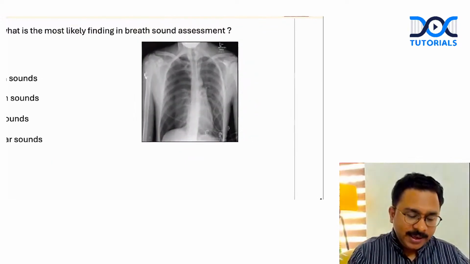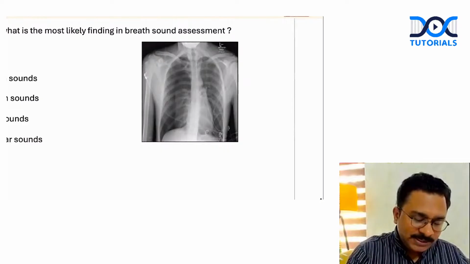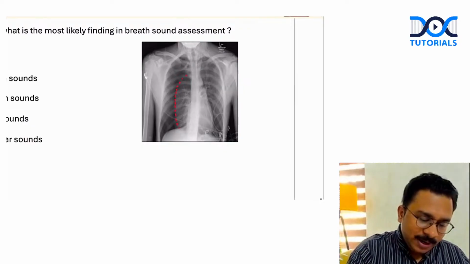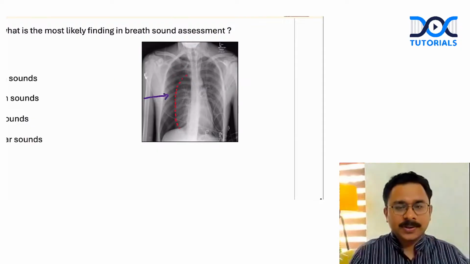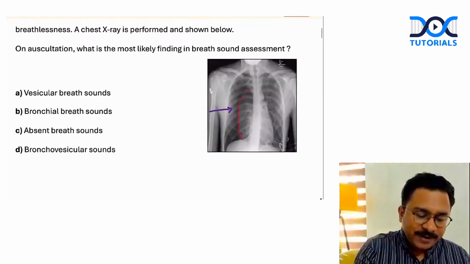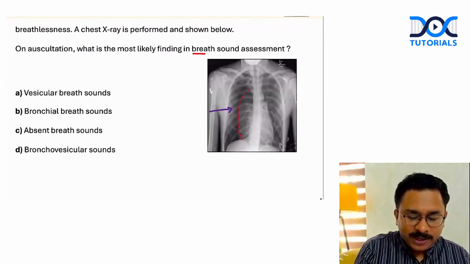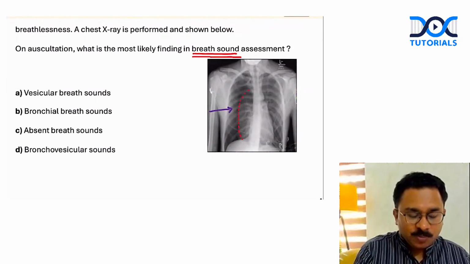When you look at the X-ray, you can very well notice that there is a collapsed lung margin. And you can see a very well defined area of air collection, that is pneumothorax. So this is a right-sided pneumothorax. So what is the likely finding in the breath sound assessment of a patient with pneumothorax?